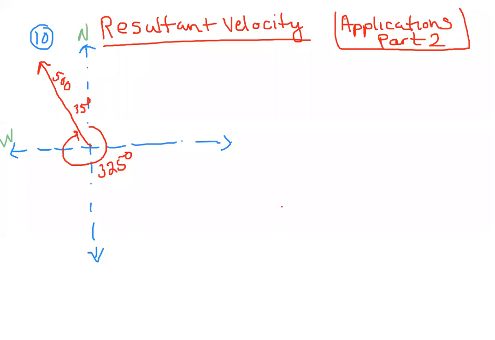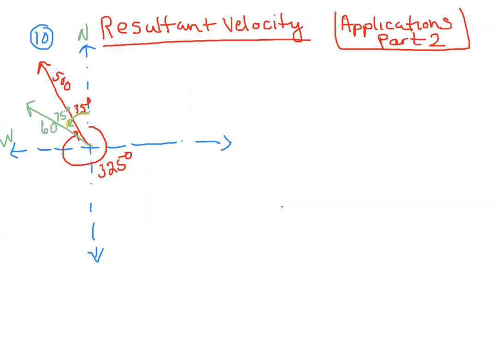I don't know if we'll need that. And then our wind is 75 degrees, so it must be over here. From the y-axis to here is 75 degrees, and it is at 60 miles per hour.